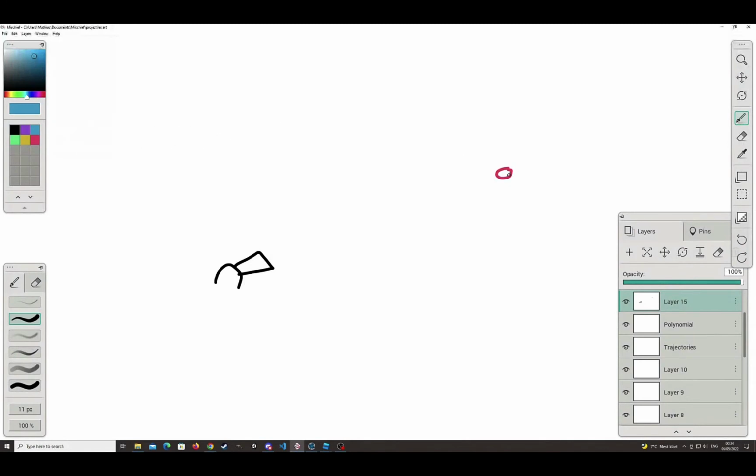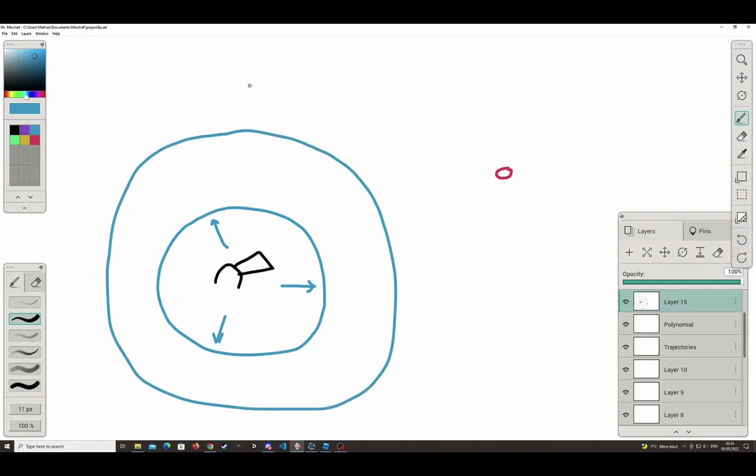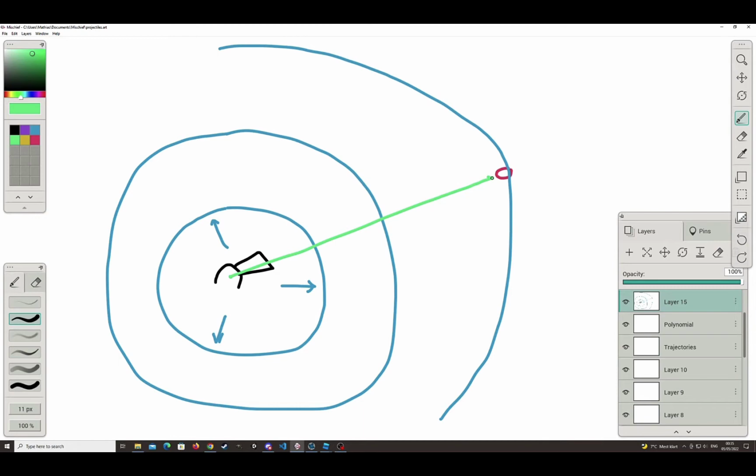In order to figure this out, I want to imagine a sphere or a circle around the cannon, sort of expanding over time, right? So it's getting bigger and bigger, and at some point, it's going to touch the target like that, and then if we draw a vector from the cannon origin to the target, then we have our launch direction.